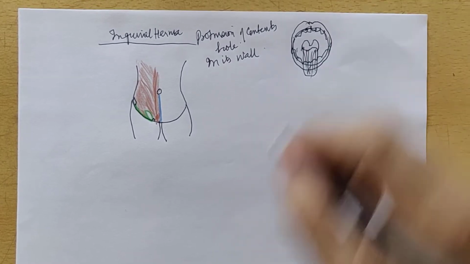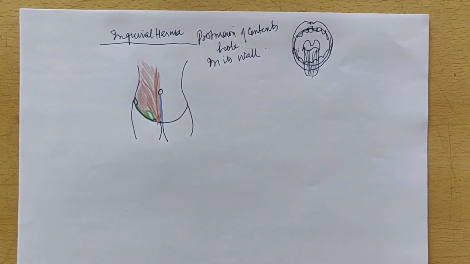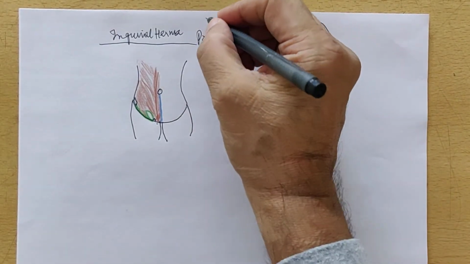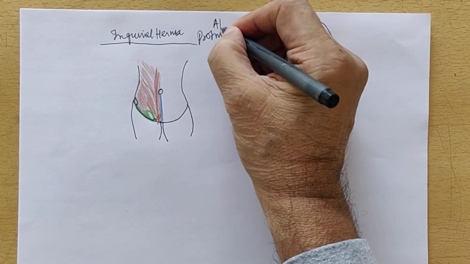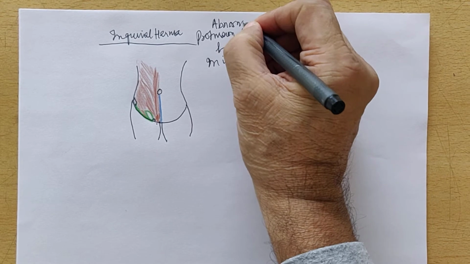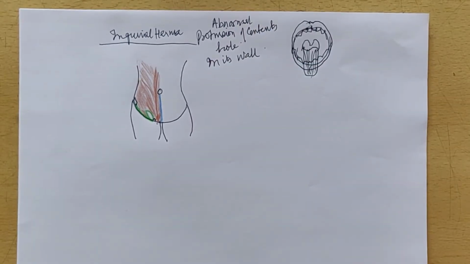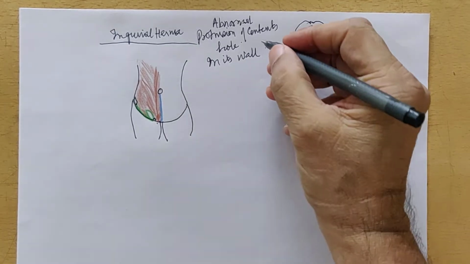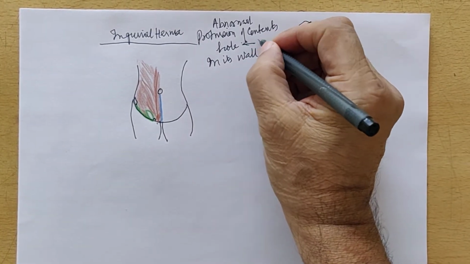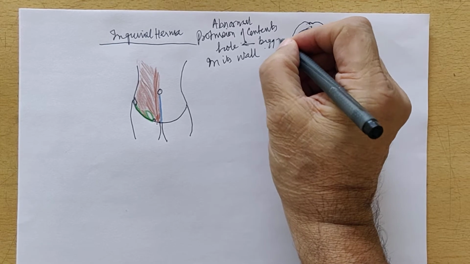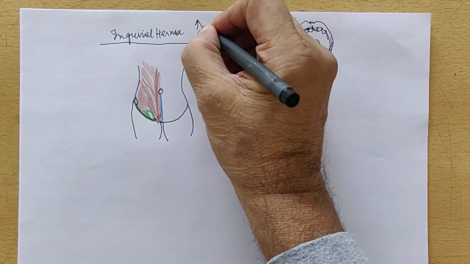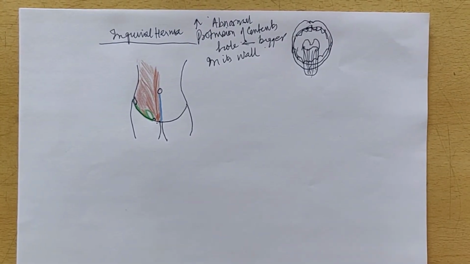It is a content which has come out of the hole of a cavity. So we used to add abnormal protrusion of the contents of a cavity through a hole. Why should this occur? Because the hole is bigger or there is increased pressure in the cavity.